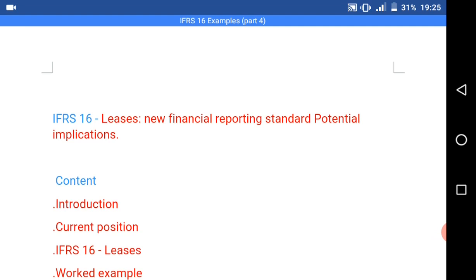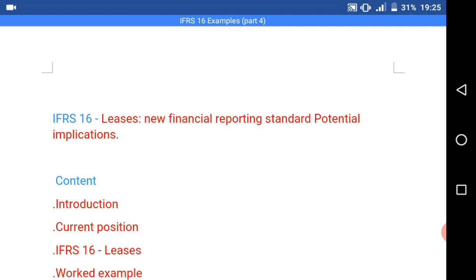Part 3, which we did some days ago, we gave the difference between IFRS 16 lease treatments and IAS 17 lease treatments. Now IAS 17 is no longer in use.